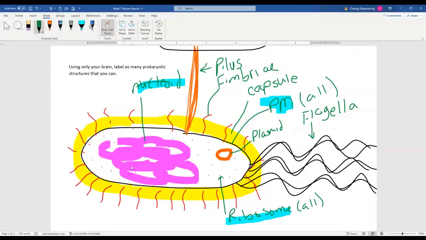So all of the DNA, all of that chromosome just kind of hangs out together. And so that region of the cell where the chromosome is referred to as the nucleoid. So the nucleoid is a prokaryotic term. Nucleus is a eukaryotic term, but chromosome is for both prokaryotes and eukaryotes because chromosome equals DNA.